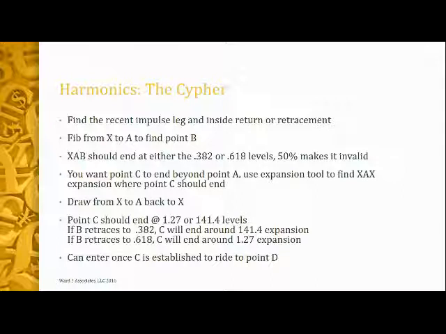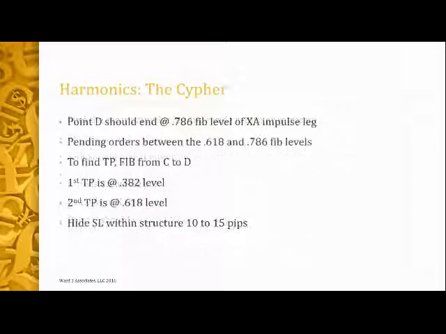Once the C is completed, you can enter it and ride it to point D, which would be your take profit. Point D should end at the 786 fib level of XA impulse leg, and we place pending orders between the 618 and the 786 fib levels.